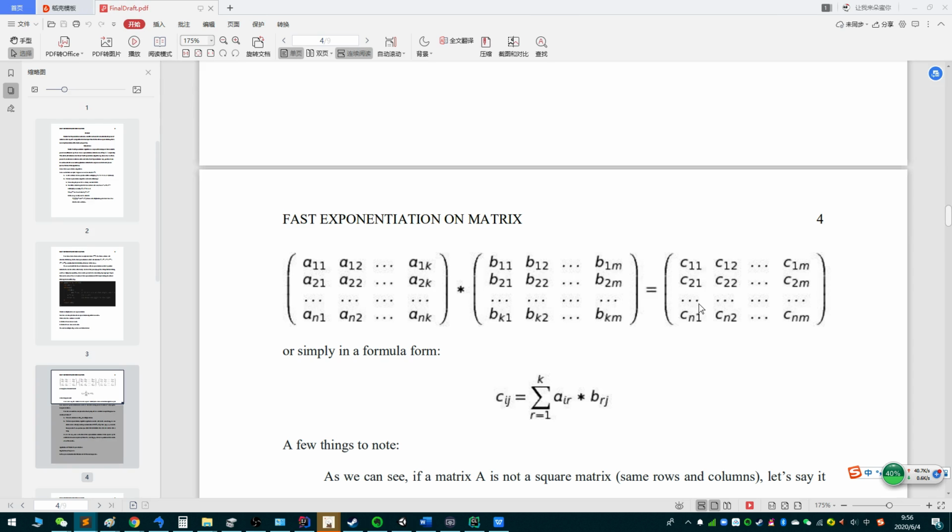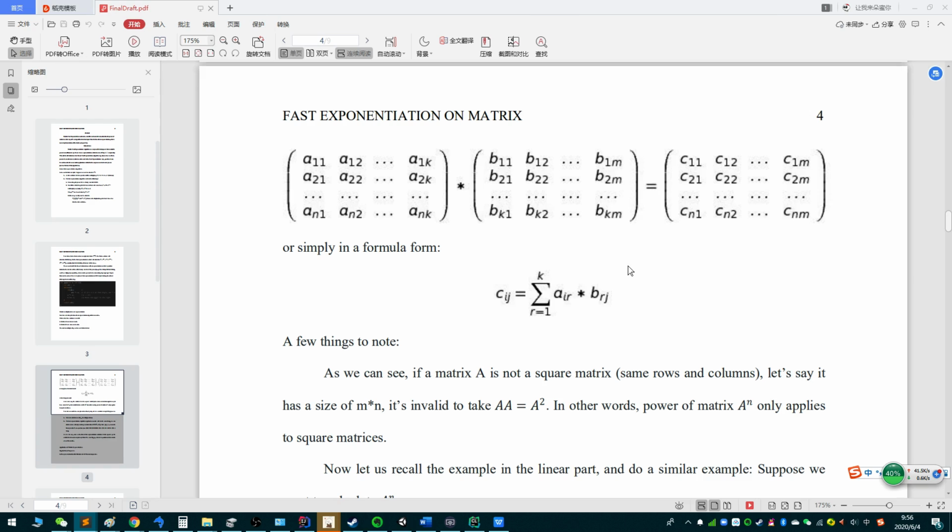And since we want to do exponentiation on the matrix, such a matrix must be a square matrix, and that's obvious, right? Just like the power of a number can be divided into small pieces, the power of a matrix can also be divided according to a binary number.